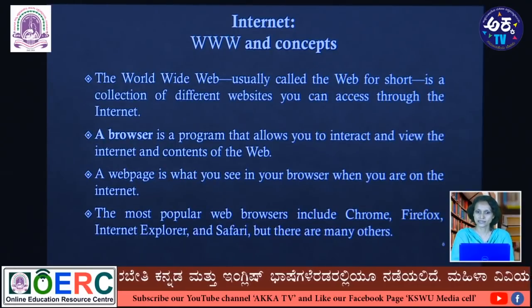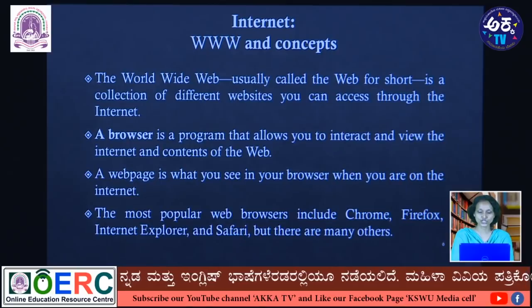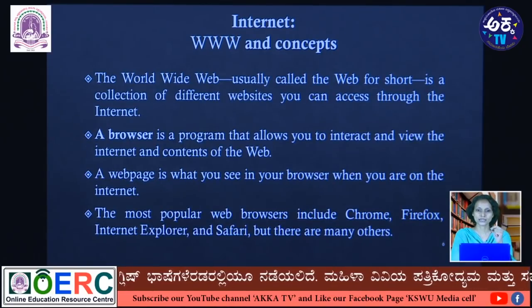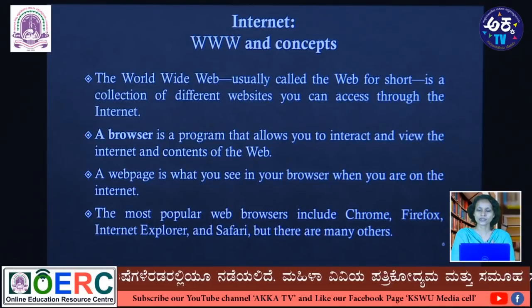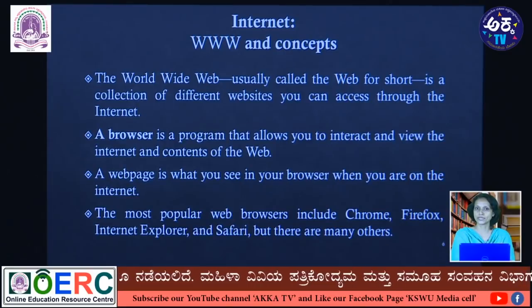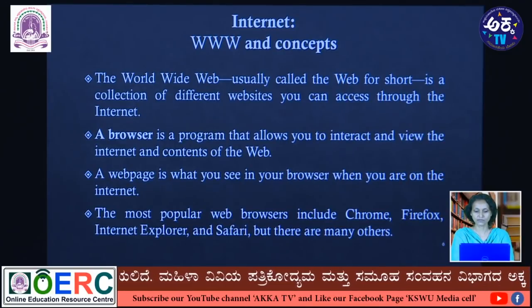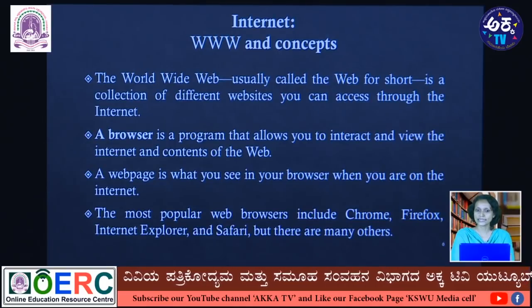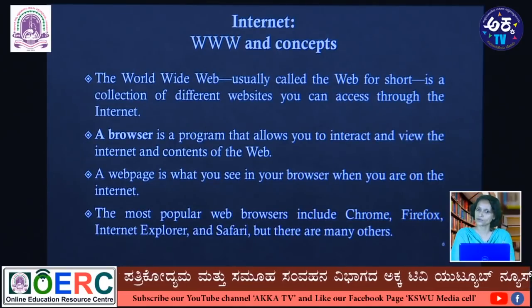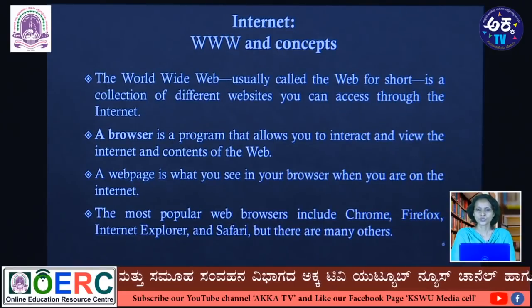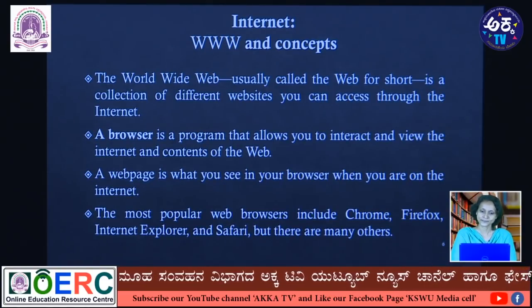Hope it is clear what the difference is between a web page and a website. I'll repeat, a web page is a page that is displayed on a screen, whereas a website is a collection of such web pages, and every website will have its own address, which we call a web address, or URL, that is Uniform Resource Locator.